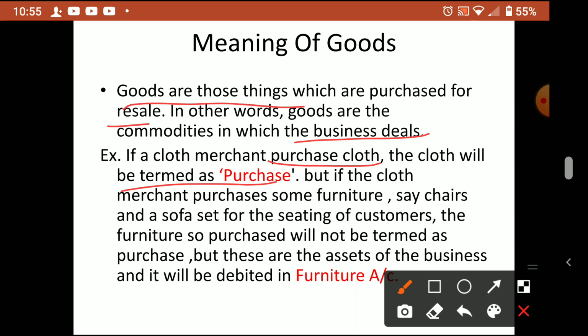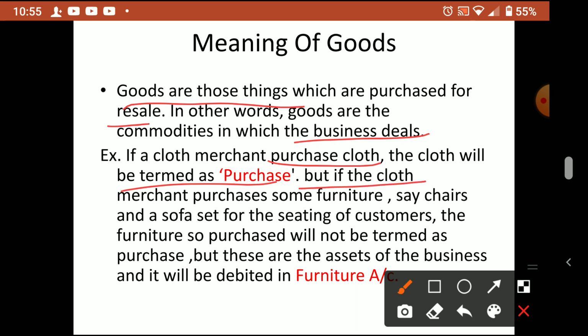But now look, the name of goods has changed. When you purchase goods, you should not say it as goods. What do you have to say? Purchase. I made a purchase. The trader will say purchase rupees 10,000. He will not say goods rupees 10,000. Understood? That is why we are discussing this.